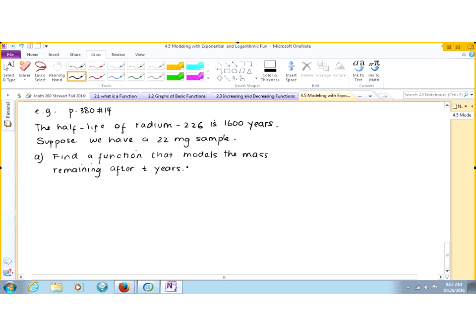All right. So suppose the half-life of radium-226, radium is Ra, is 1600 years, and we have a 22 milligram sample. Find a function that models the mass remaining after t years.